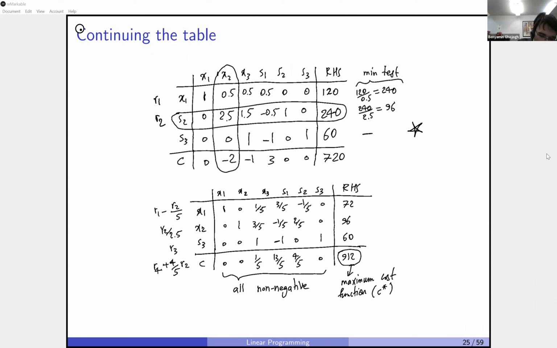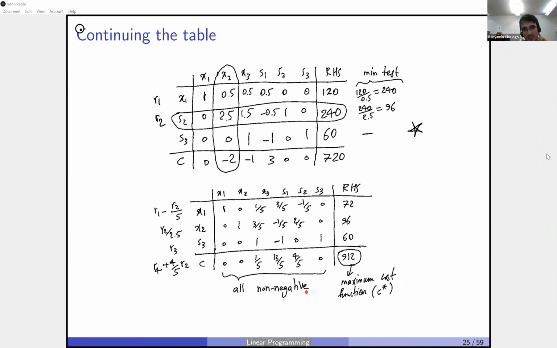So R1 plus alpha R2 should become 0, and I see that this is -1/5. You can calculate that for all of them. So here you only have R2, so alpha R2 should become 1. So alpha times 2.5 should become 1. Therefore, this is dividing by 2.5. So you can do the same for all rows, and you will come up with this.